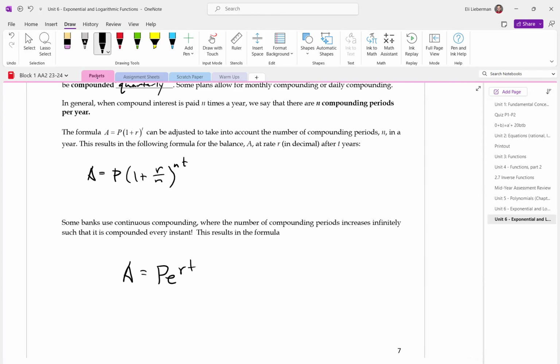Does that number look familiar? E. And you can see hints of the definition of e in the formula here. Remember, e by definition is 1 plus 1 over n to the n as n gets bigger.